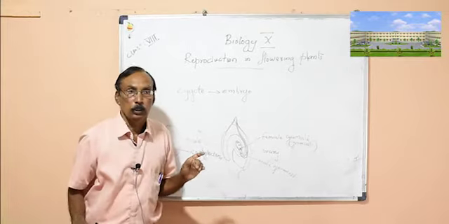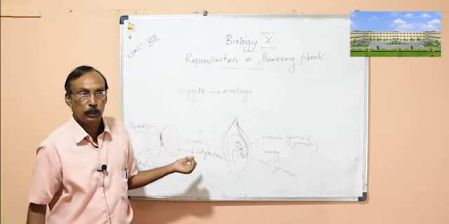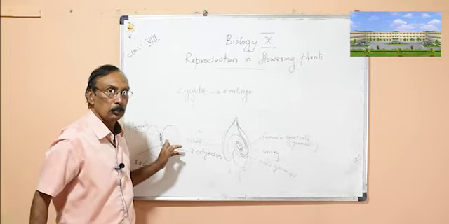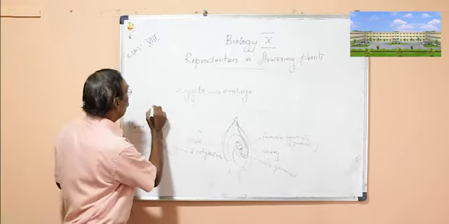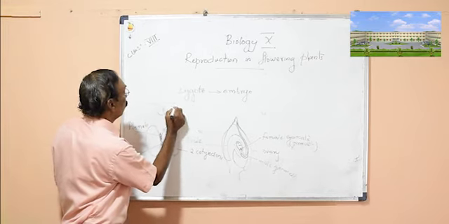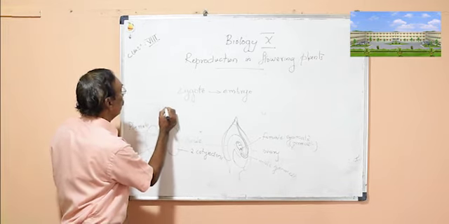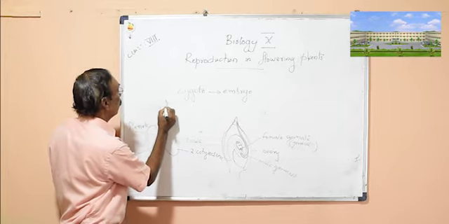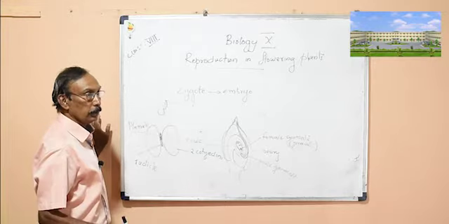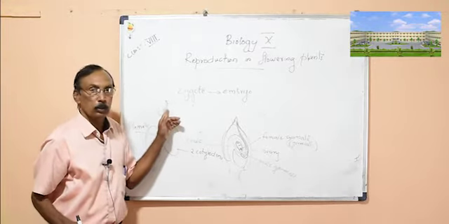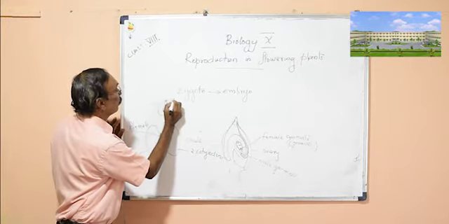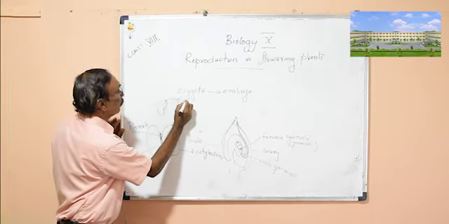For the growth of the seed, food is needed, and this food is provided by the cotyledons. If you plant a seed inside the soil, slowly after some time the plumule will come out, and it will become the aerial part of the plant above the soil, the shoot system of the plant.